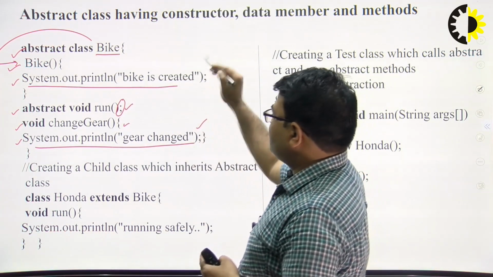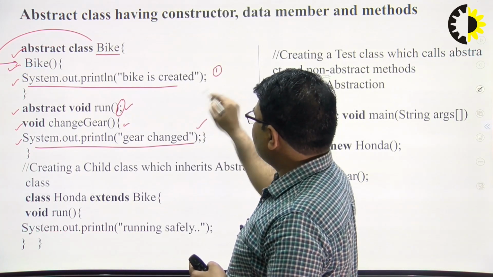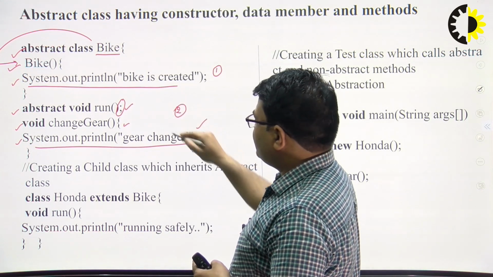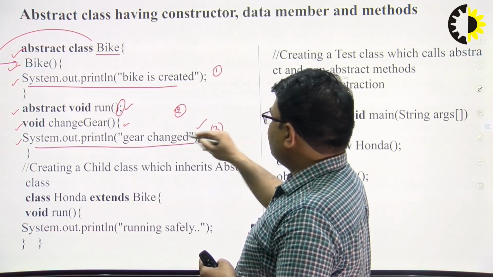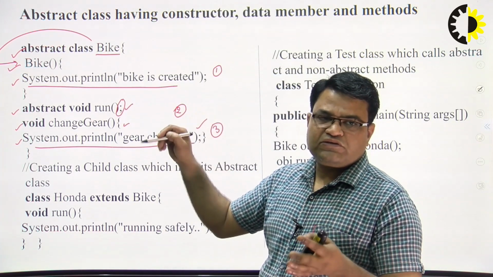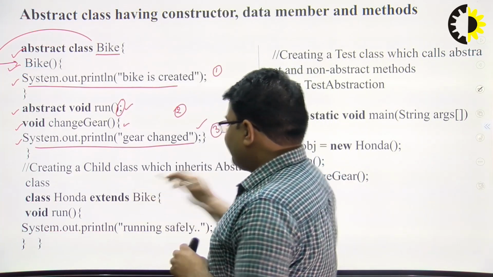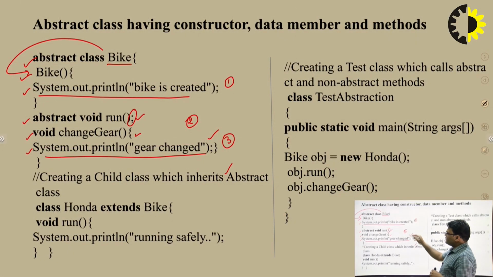So first of all, the abstract class has a constructor, secondly an abstract method, and thirdly a non-abstract method. We are creating a child class that inherits this abstract class, completes the body of the abstract method, creates an object of this class and calls the constructor.